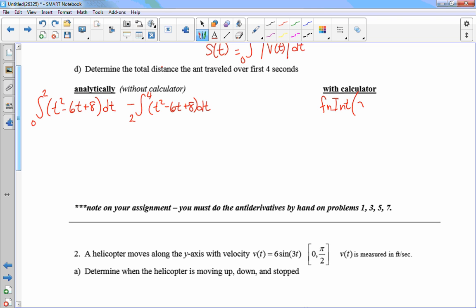You know where the absolute value button is under the math tools, and then plug in velocity, comma x, comma 0 to 4. Okay. So first do it by hand, the analytical way, and then do it with the calculator, double check.